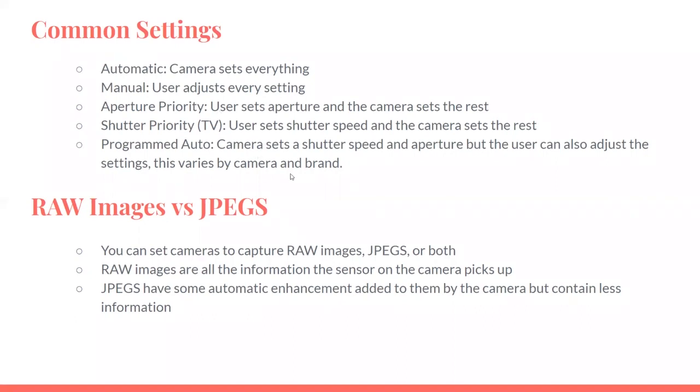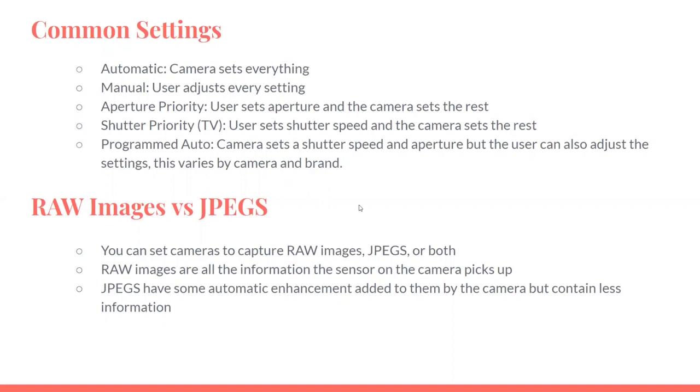Some cameras also have a mode called programmed auto, where it sets shutter speed and aperture, but you can also edit other settings. It really varies a lot by brand and camera though. So if you want to use programmed auto, you really have to look at what your camera does specifically.